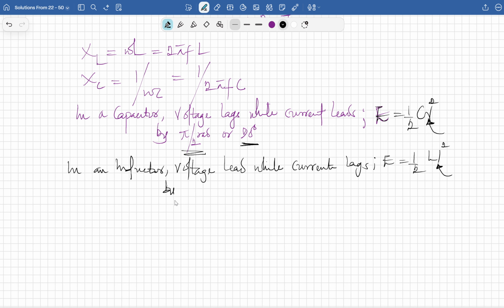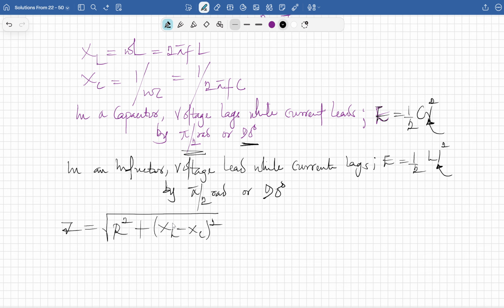So also by this same phase angle, pi over 2 in radians, or 90 degrees. And do not forget in all this the impedance, which is the overall reactance, or overall opposition to the flow of current, depending on the combinations that you have in the circuit.